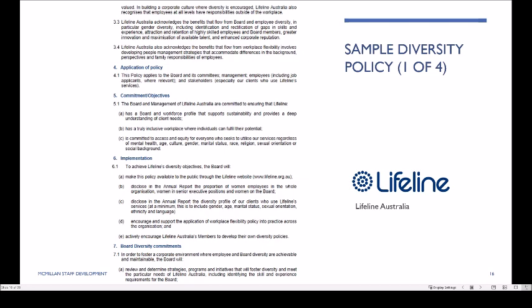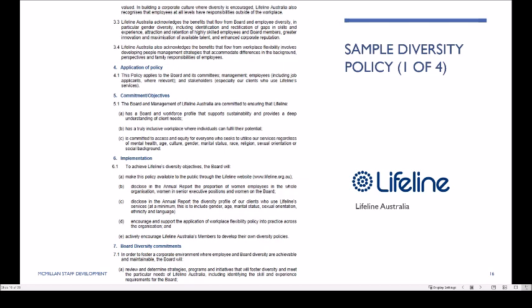So here, we've got some really big objectives here about making a commitment, about reporting on that commitment, and about measuring and tracking whether we as Lifeline are improving in those areas.